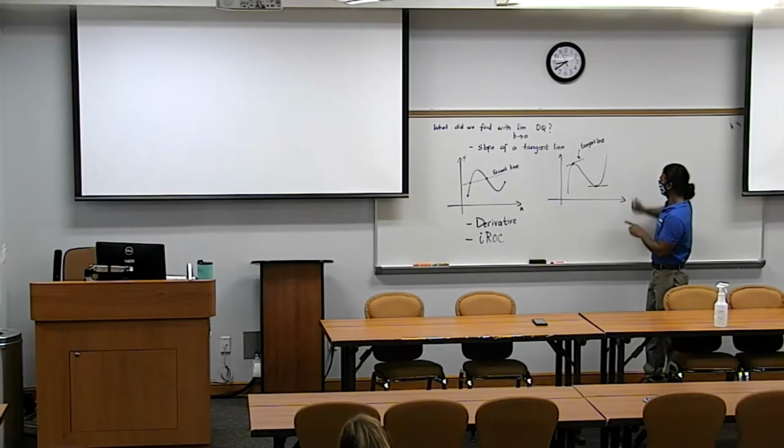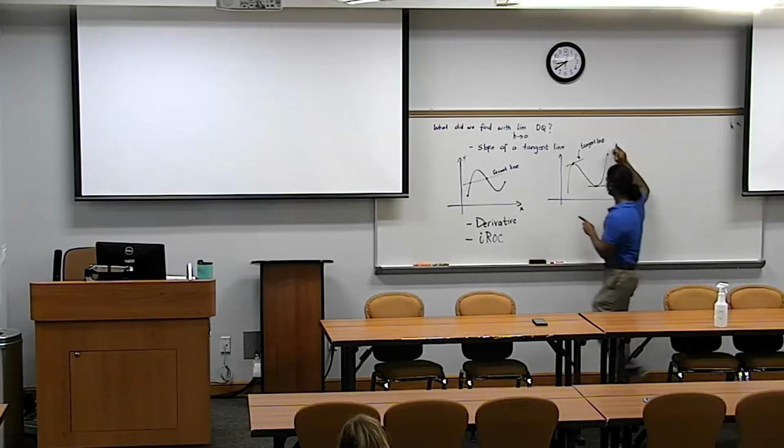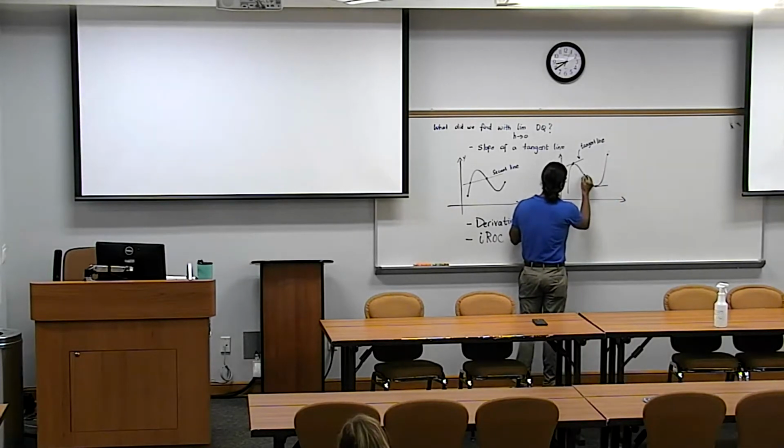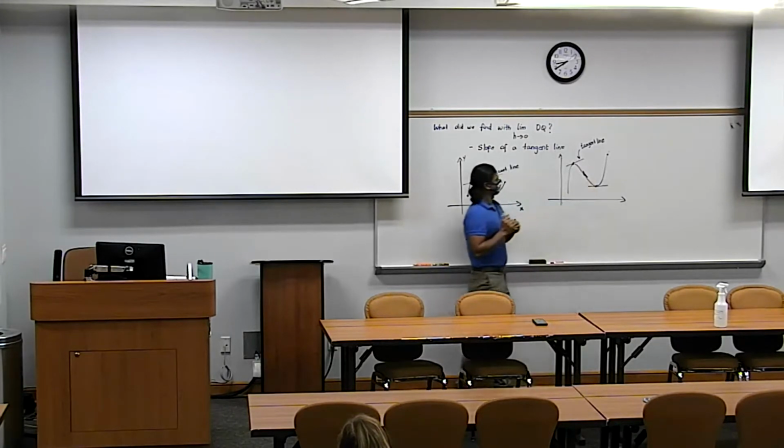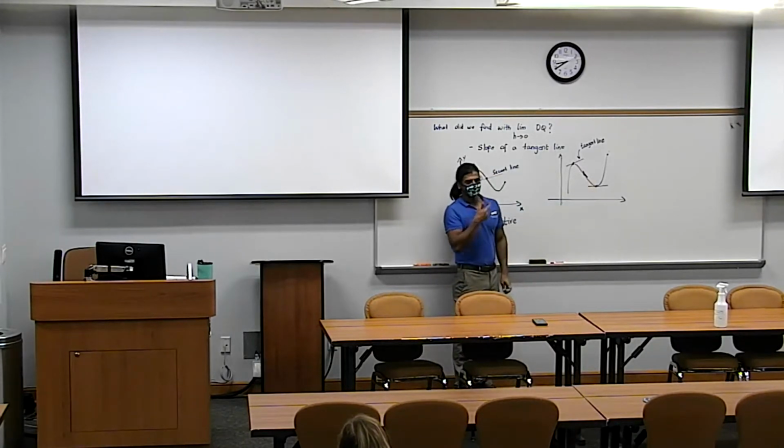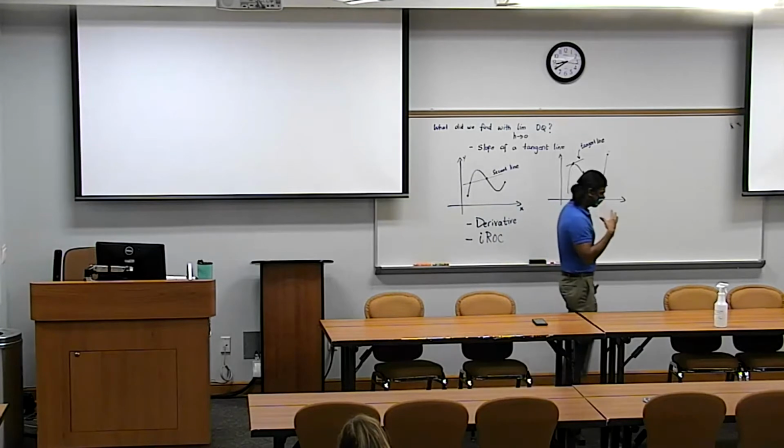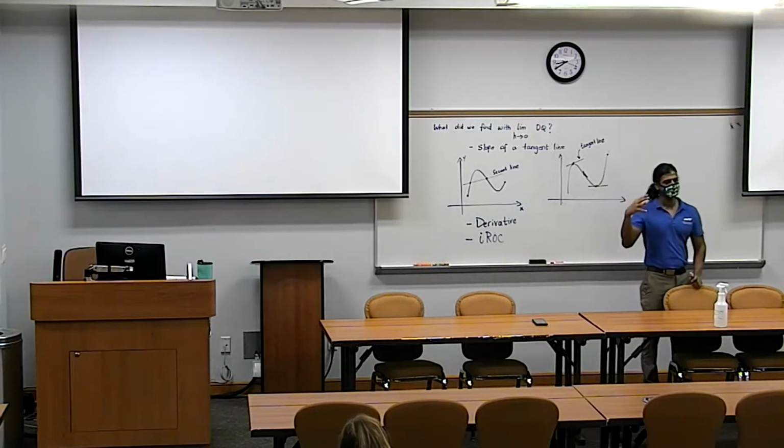Now, if I draw a line touching right there at 1 point, well, that's not great. I'll use one right here. Negative. If a line has a negative slope, then it is a decreasing line.